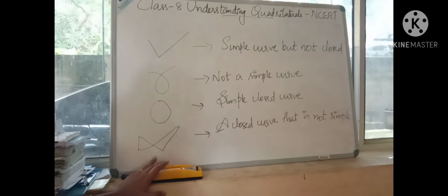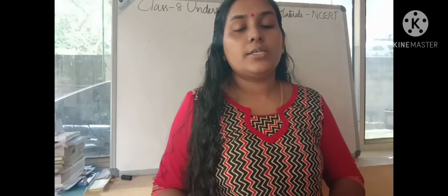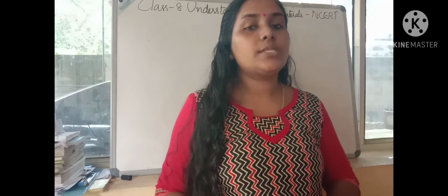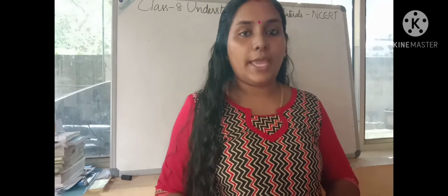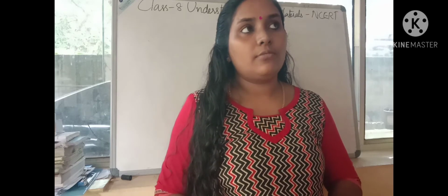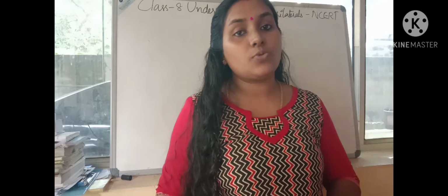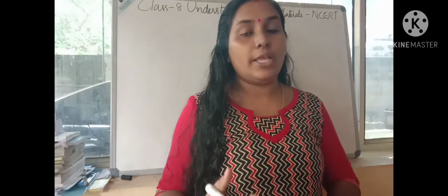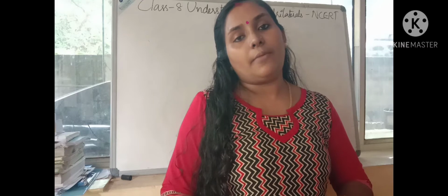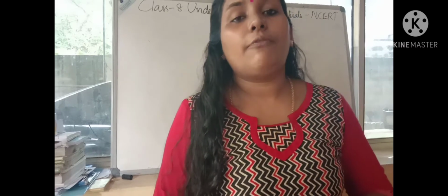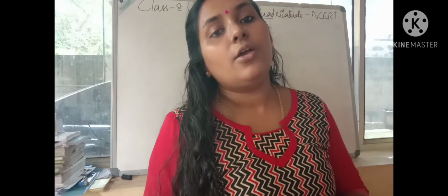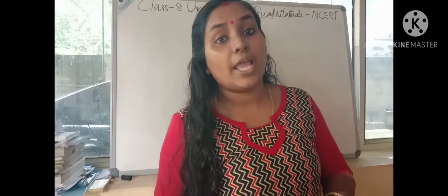All clear? We are going to learn some shapes and sizes of some quadrilaterals or polygons. Okay? Let us see. A polygon has many sides, right? Poly means what? Many. That polygon has many sides. Okay? Clear? In that type, if a polygon has three sides, that polygon is called a triangle.